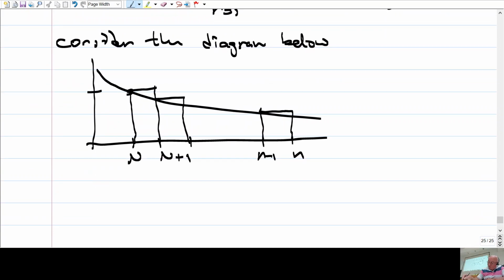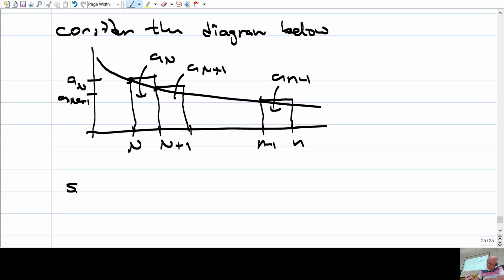This value here is just a n, right? This is just a n plus 1 and so on. So the area of this rectangle is a n. The area of this rectangle is a n plus 1. The area of this rectangle is a n minus 1. Yes.